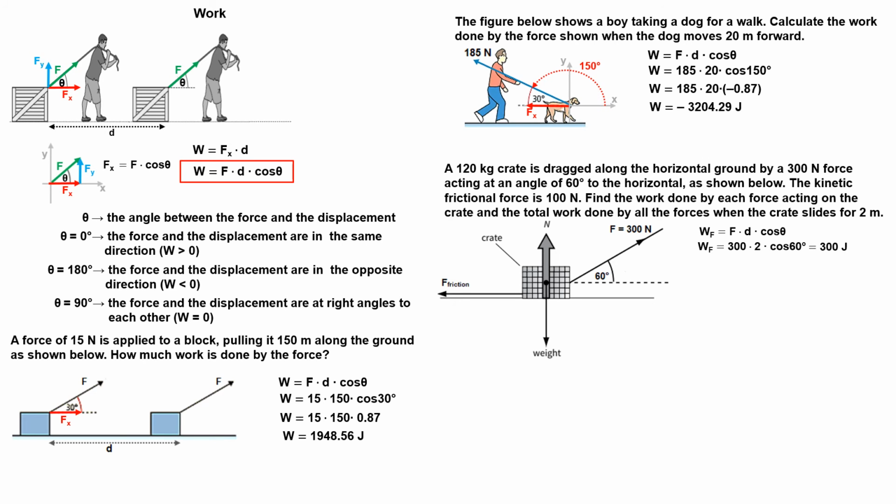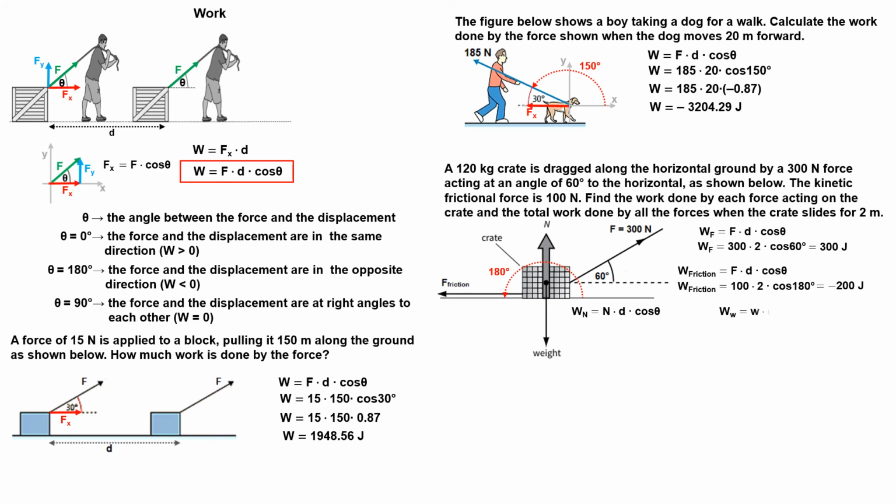The force of friction is 100 newtons. The angle between the force of friction and the motion is 180 degrees. The cosine of 180 degrees is -1, so the work is negative. The work by the weight is 0 because its direction is perpendicular to the displacement.